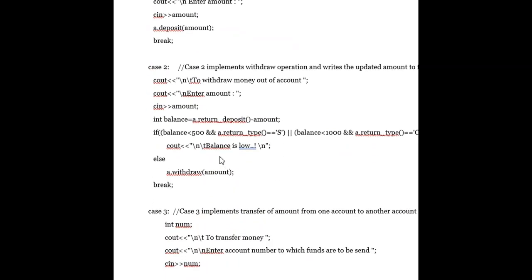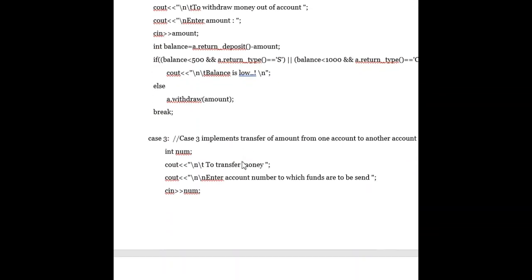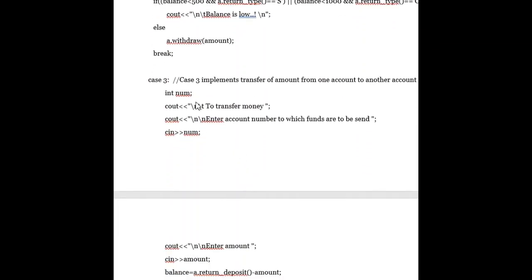We have also used a loop where if the withdrawal amount is greater than the deposited amount, then an error message will show. Then in case 3, it implements the transfer of an amount from one account to another account.